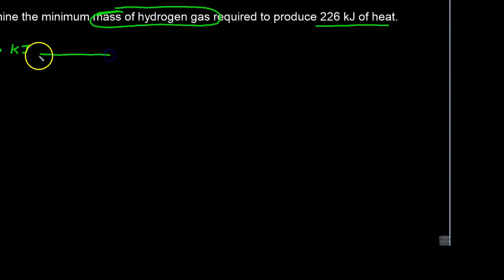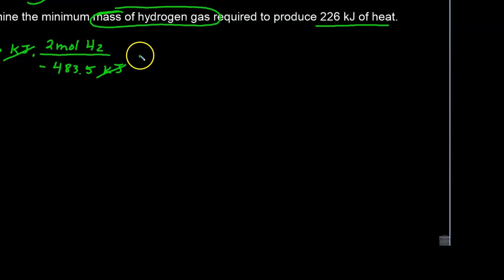And again, I know from my problem that the hydrogen requires that much heat. So 2 moles of hydrogen is a negative 483.5 kilojoules. Again, my kilojoules are going to cancel.